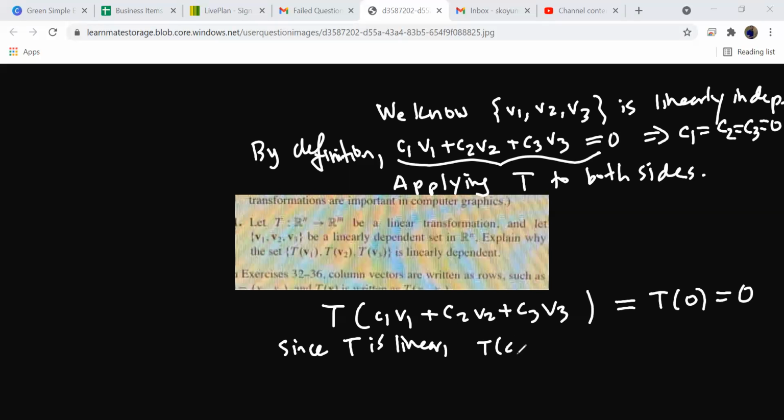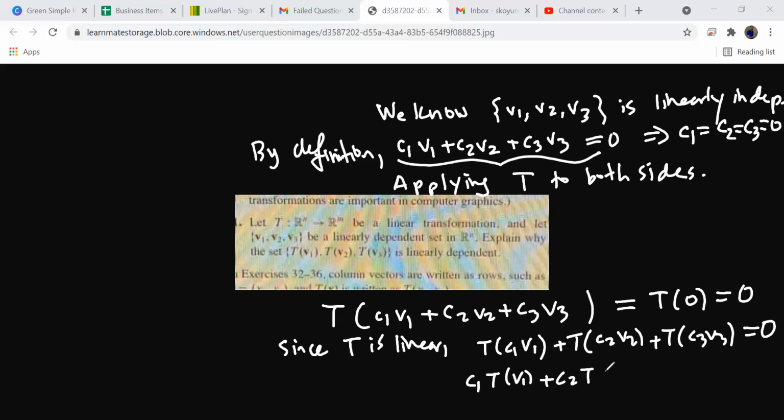It will be T(c1 v1) plus T(c2 v2) plus T(c3 v3), and this will equal 0. And then by the second property, it's preserved also under scalar multiplication. So you can just put the c1 outside: c1 T(v1) plus c2 T(v2) plus c3 T(v3) equals 0.